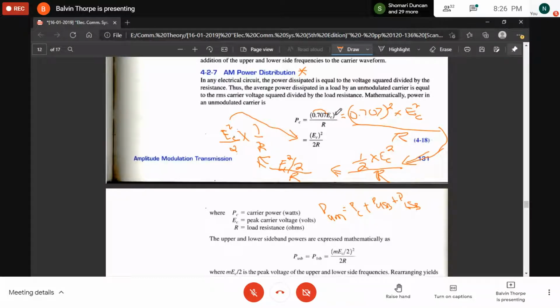So it'll be EC squared over R. But it's not just EC squared over R.